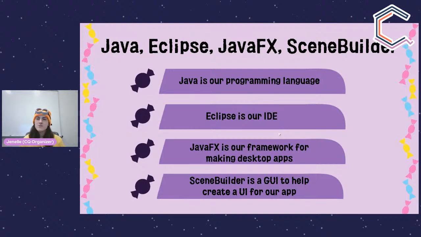And then the last thing I had you download is Scene Builder. Scene Builder is a graphical user interface to help create a user interface for our app. So rather than typing a bunch of lines of code and not really knowing where it's going to end up, we can go ahead and put all of the buttons and labels and text and everything on our app, how we want it to look in Scene Builder, and it will generate code for us back in Eclipse.